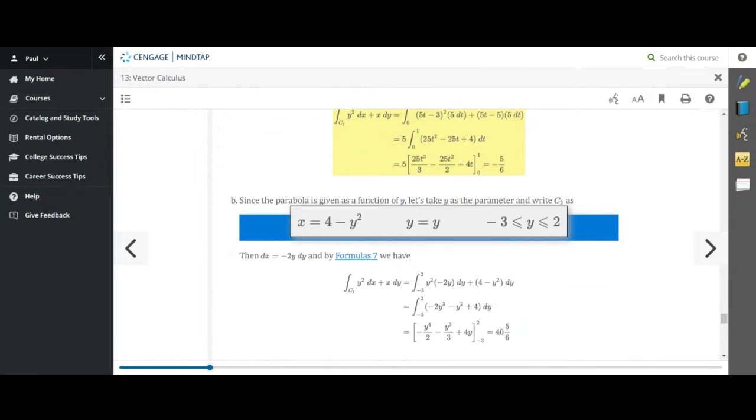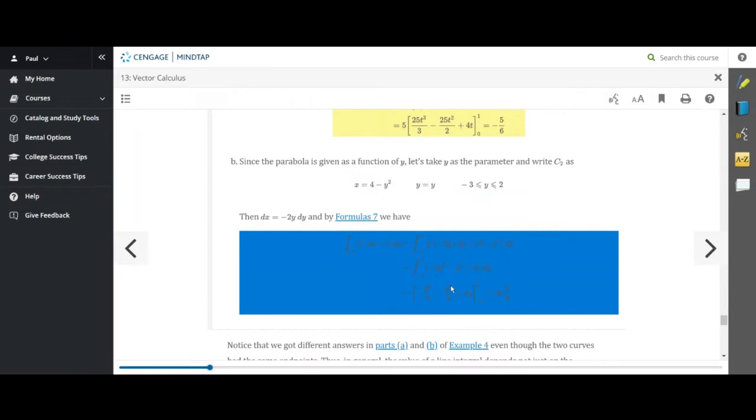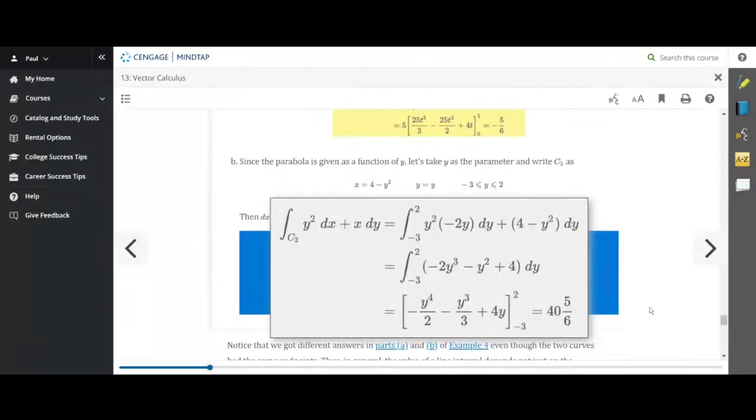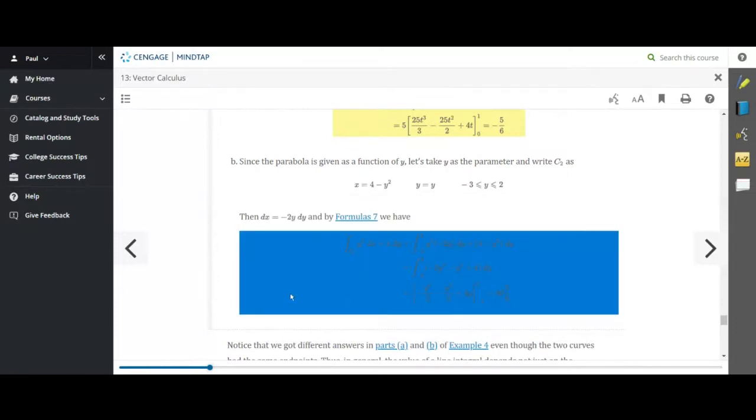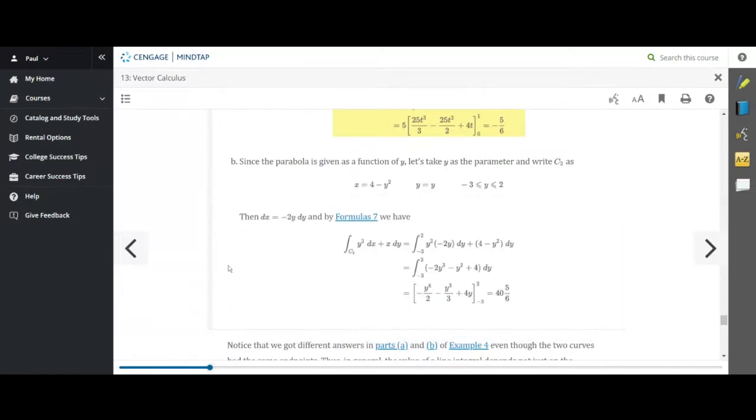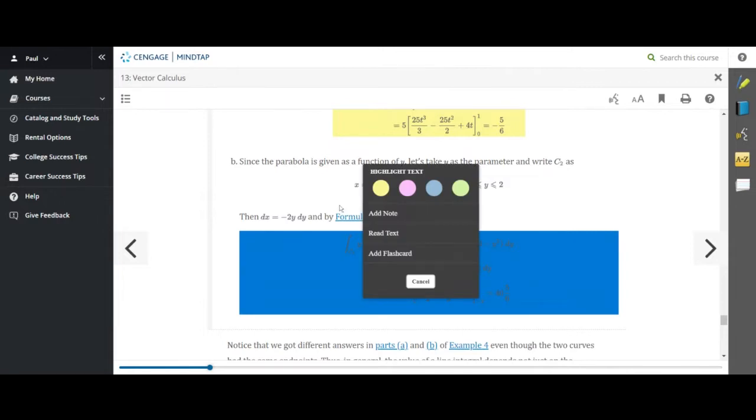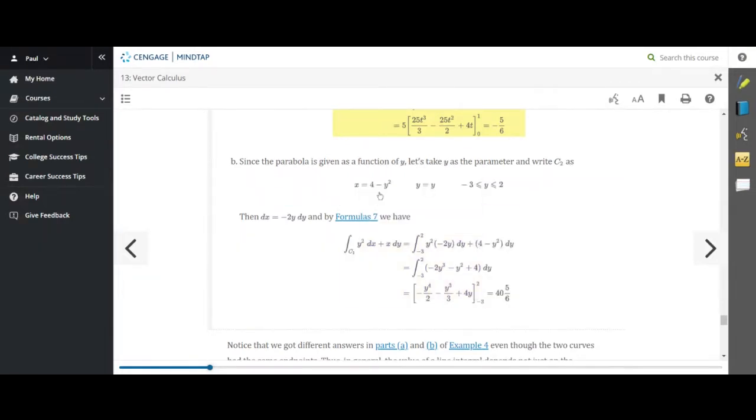I like the t parameterization. It just makes it easier for me personally. But they work it out, and you get 40 and 5/6 as the sum of the two line integrals across the path C2.